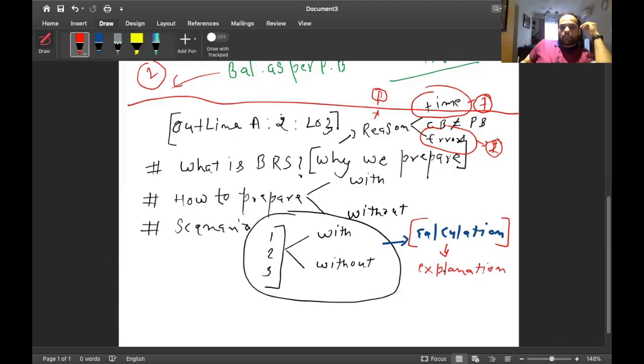Explanation is important. You are required to explain what's going on in your bank reconciliation statement, why we are doing this, each by each transaction, right? Each by each transaction.